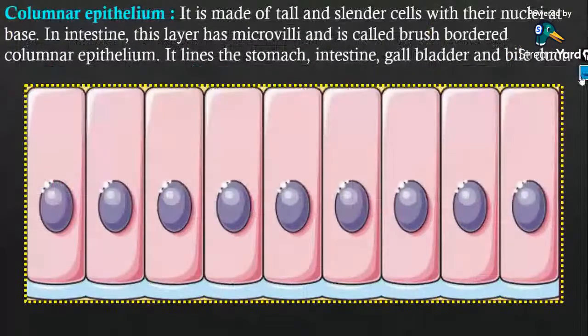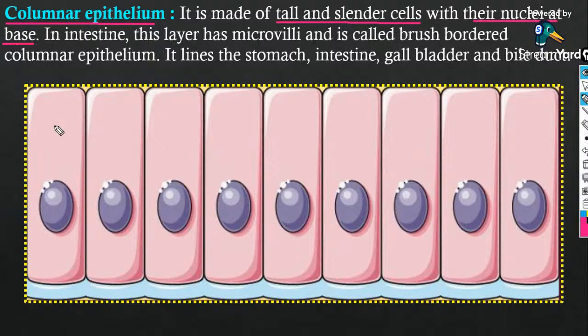Coming back to the class, everybody, columnar epithelium. It is made up of tall and slender cells with their nuclei at the base. Look how the cells look like long, slender cells with their nuclei situated towards the base. It is found in the intestine.